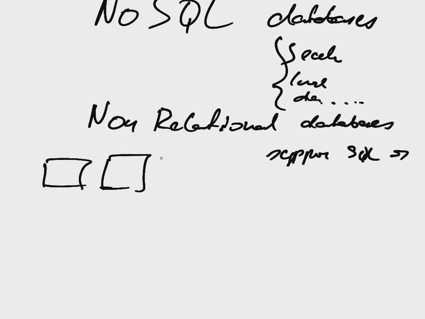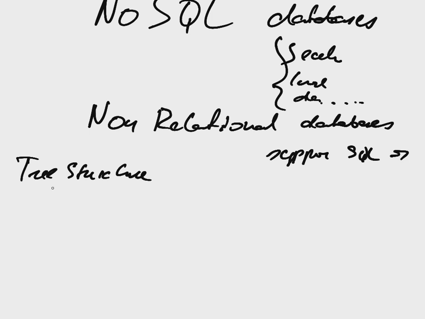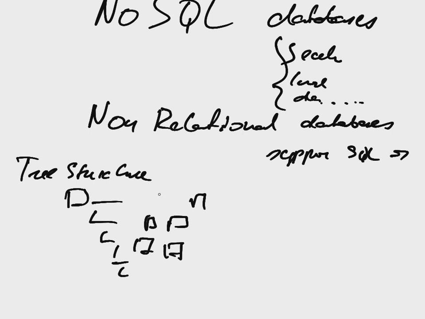But non-relational databases are organized differently. In most cases, they have a tree structure, not a table structure. You start with some root element and then go into more and more detail about elements. And if you don't need these relations and joining tables together, it works pretty well.